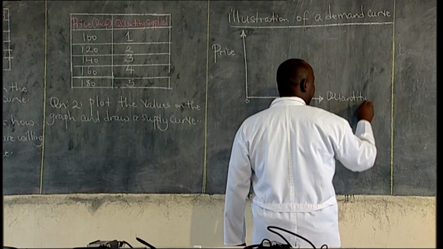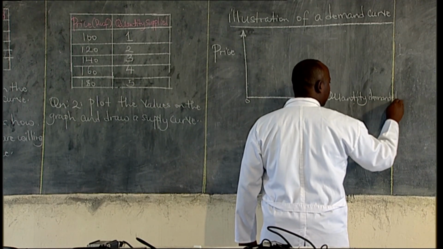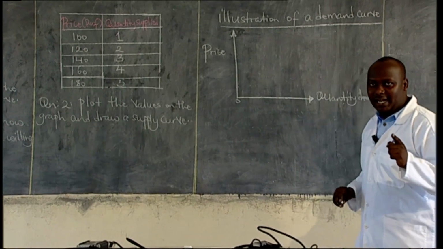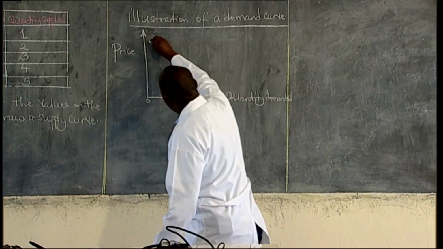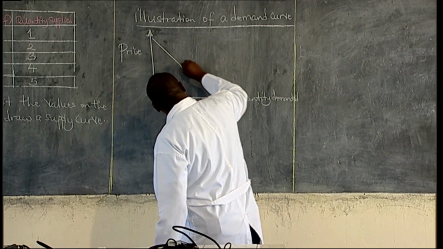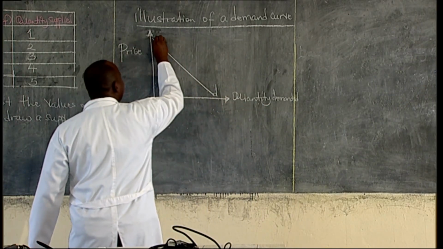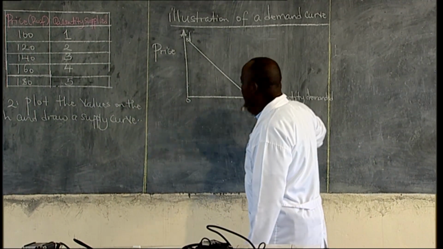And remember, the demand curve slopes downwards from the left to the right. This is our demand curve, sloping downwards from the left to the right.